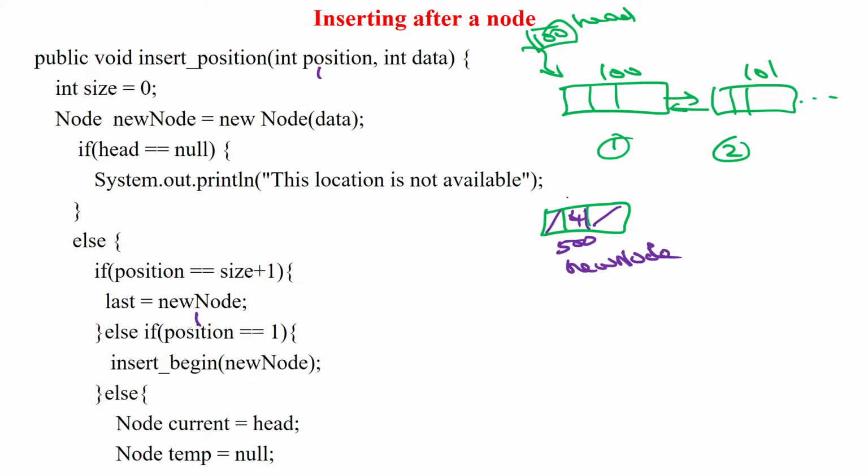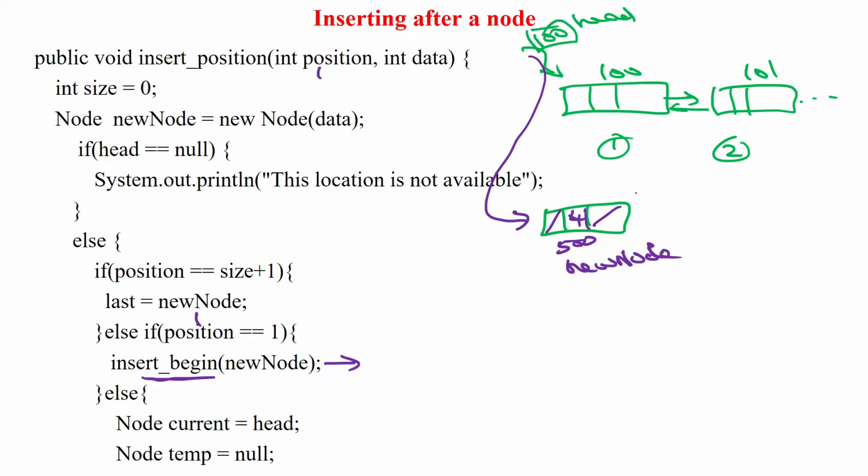Now we have to insert at position number 1, that means the head should point to the new node. So here we are calling the insert at beginning of the list method.